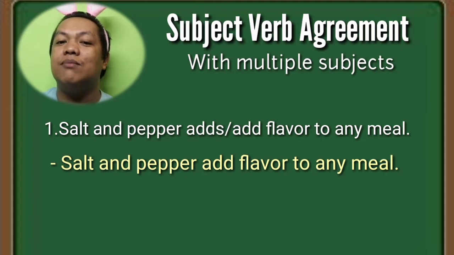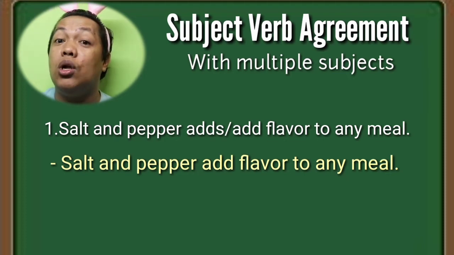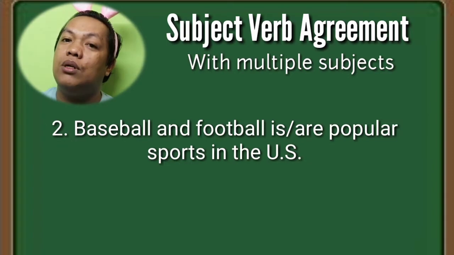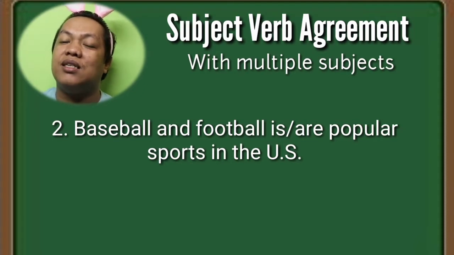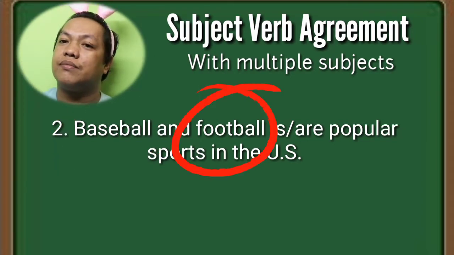Understood now? Now let's move to example number 2 in subject-verb agreement with multiple subjects. Again, look at your screens. Baseball and football are popular sports in the US. Let us identify the subjects in sentence number 2. Baseball, football.